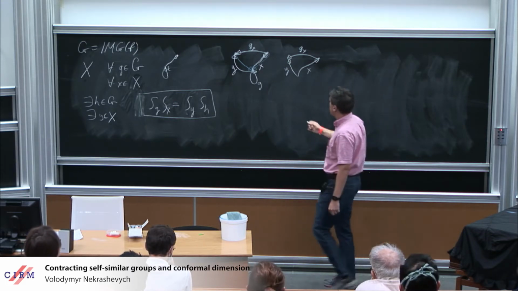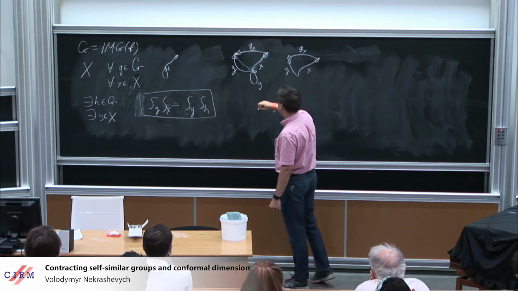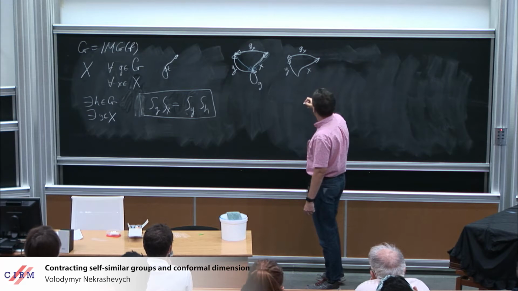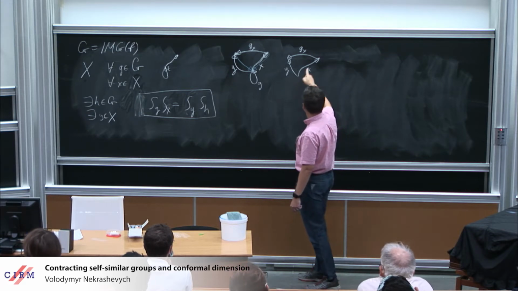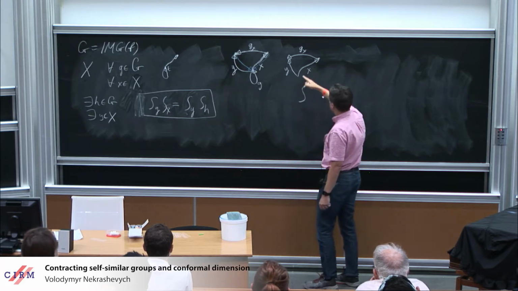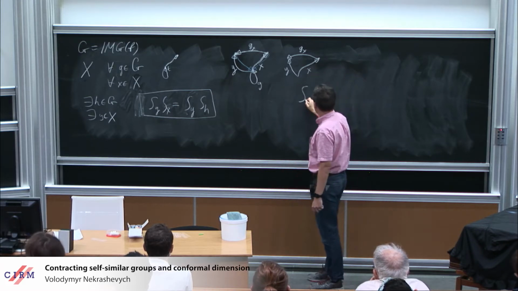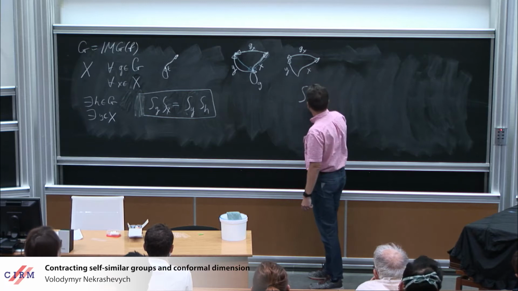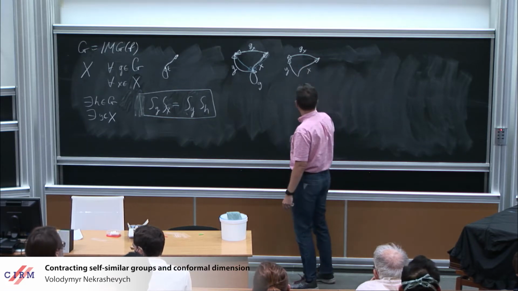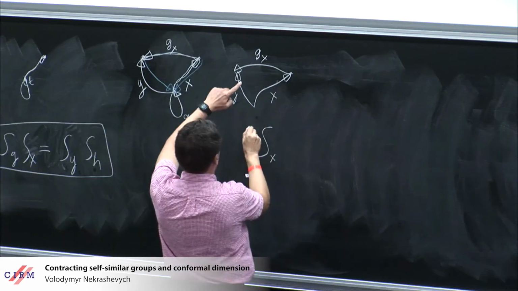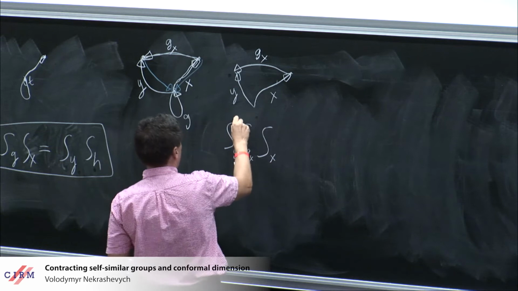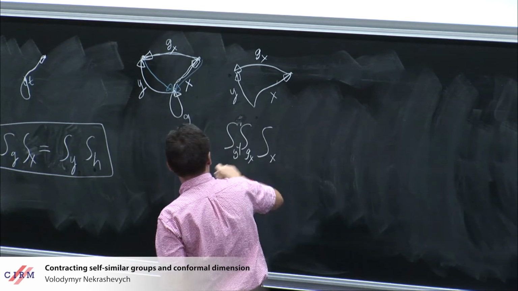Why is this so? Just from the definitions, if you take these three paths, the corresponding element of the semigroup will be Sx, Sgx, and then Sy inverse.